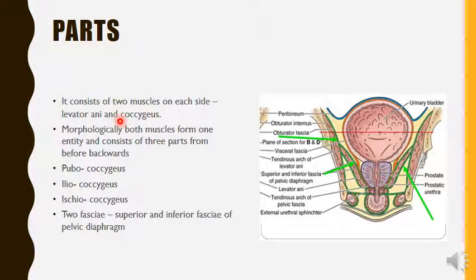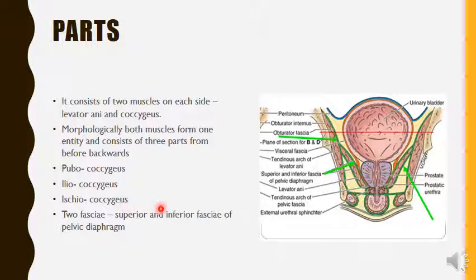Parts of the pelvic diaphragm: it consists of two muscles on each side, levator ani and coccygeus. Morphologically, levator ani and coccygeus are a single entity, but we divide them into three parts from before backwards based on their attachments: pubococcygeus, iliococcygeus and ischiococcygeus.